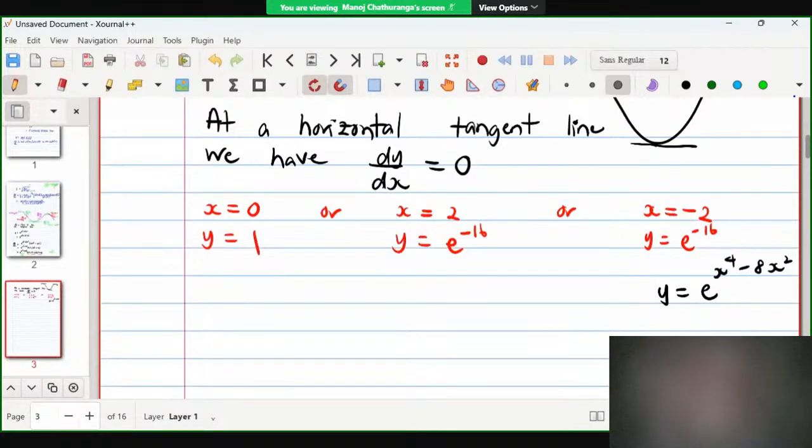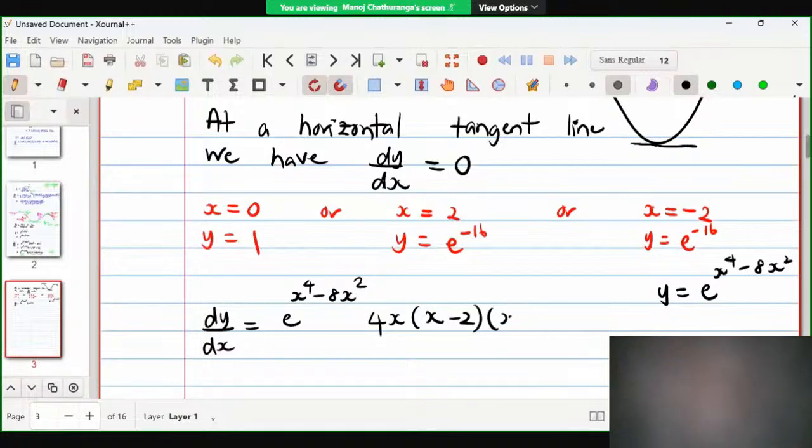We can do a little bit better actually. Remember, the derivative is e to the power x to the fourth minus 8x squared, times 2x, times x minus 2, times x plus 2.